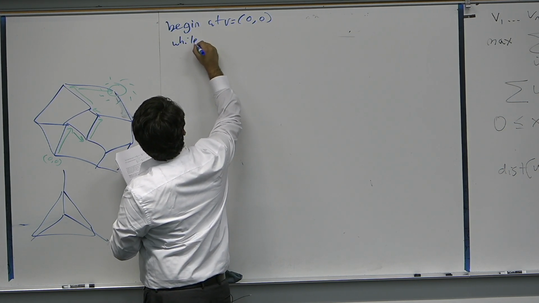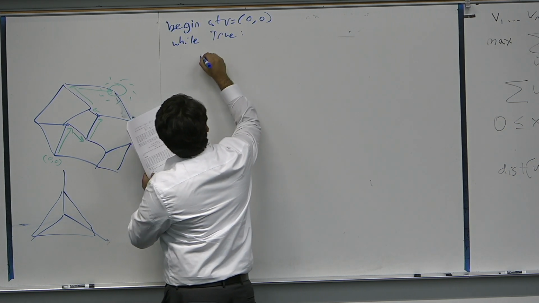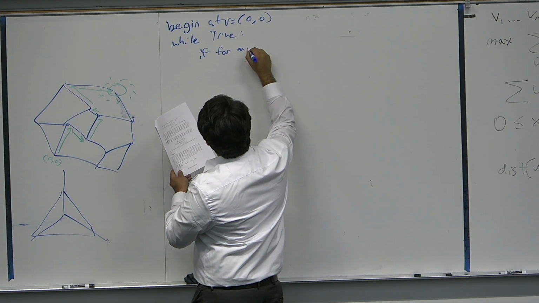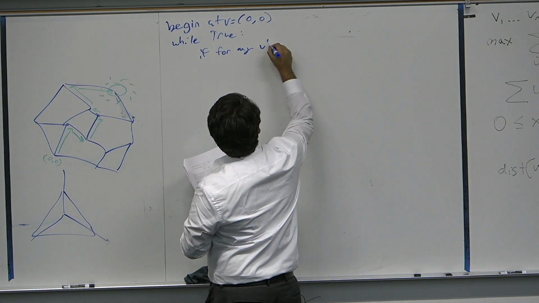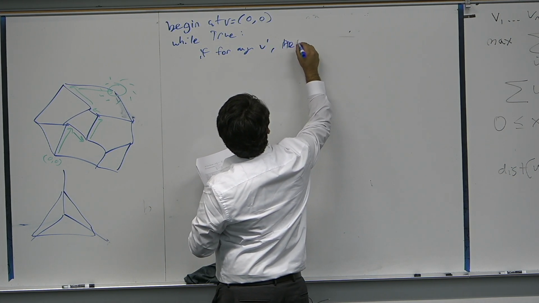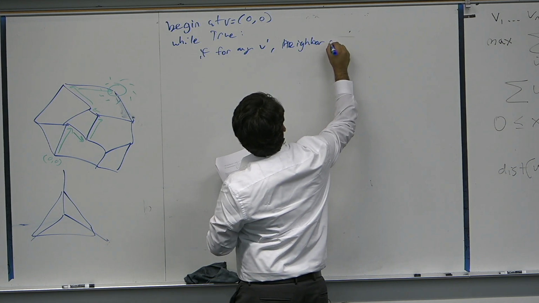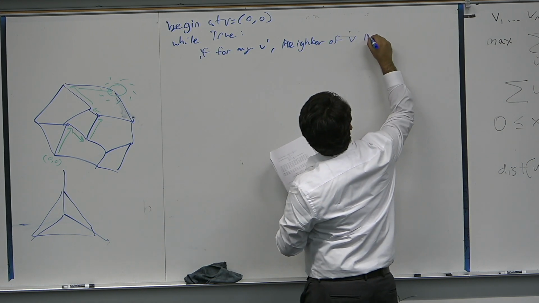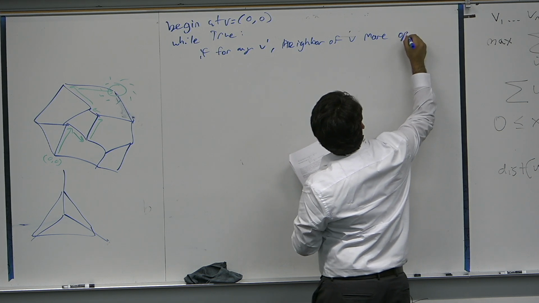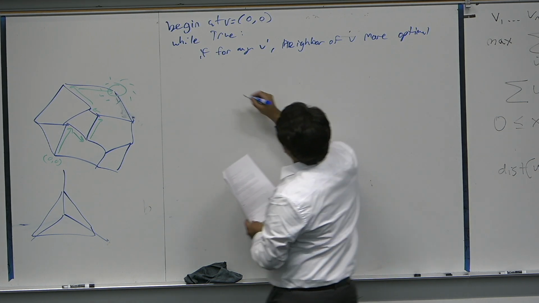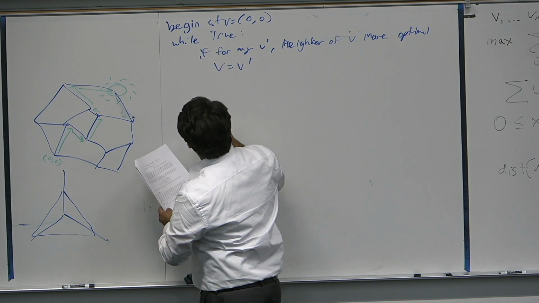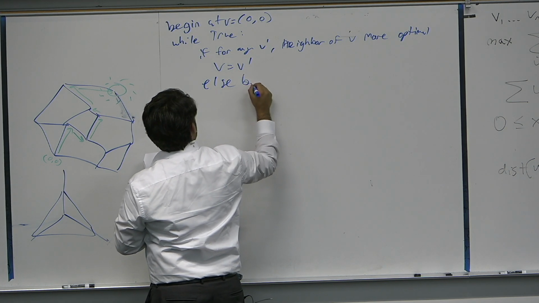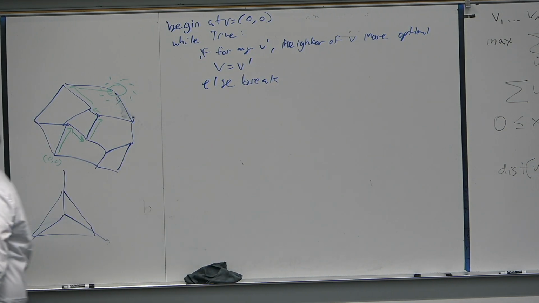While true, if for any neighbor v' of v more optimal, set v to the neighbor. Else break. Of course, that's not how simplex is actually implemented. There's a bunch of linear algebra, which we'll do soon.